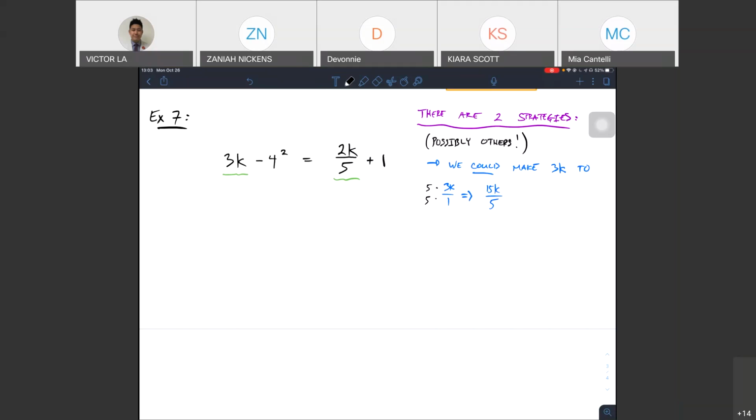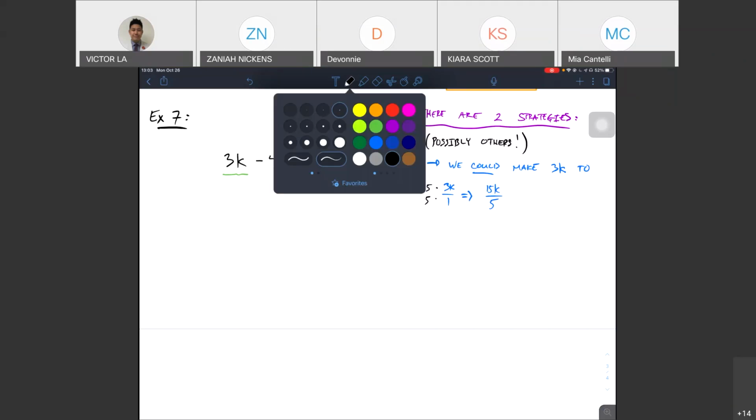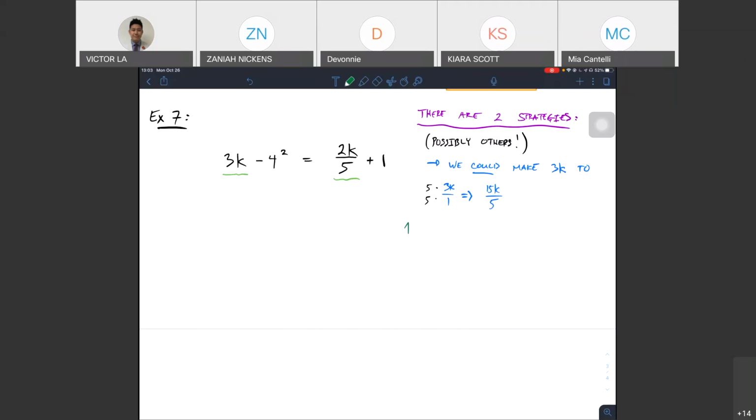All right, so let me show you what I think is the easier one to understand. So I'm gonna do this in navy. No, I'm gonna do it in green, the dark green here. So the first strategy, I would say you want to get, you know what, I lie.